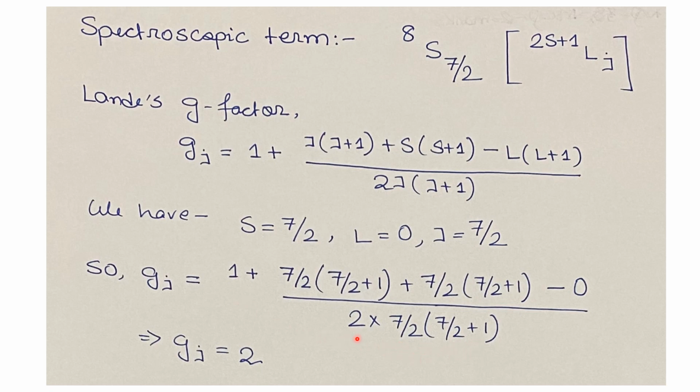Now if we calculate this, we get the Landé factor for our system, g_J equals 2.